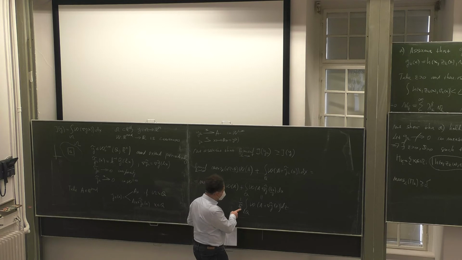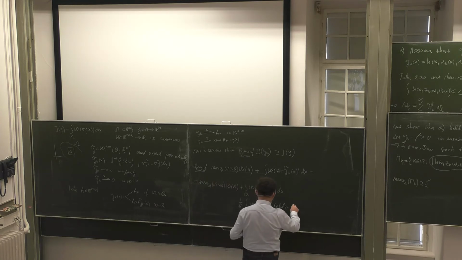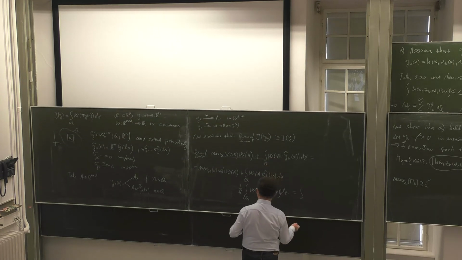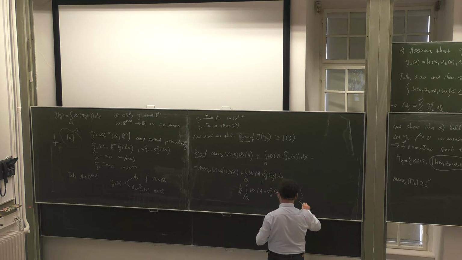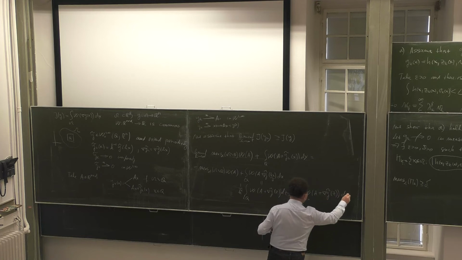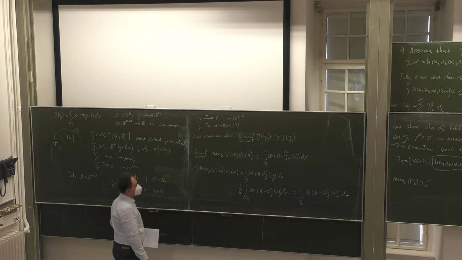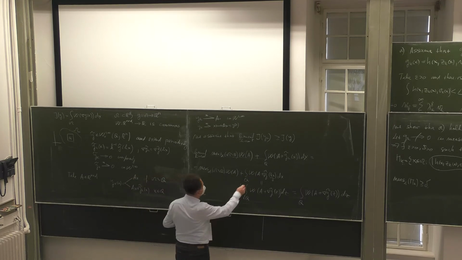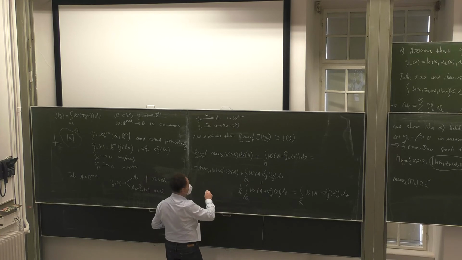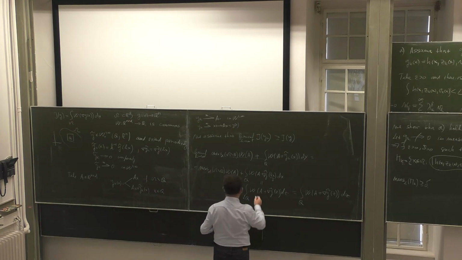But you divide by k, and this is symmetric, so this is just like if you integrate only over Q. Easy. Yeah?